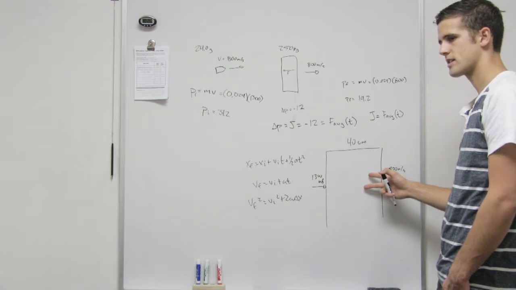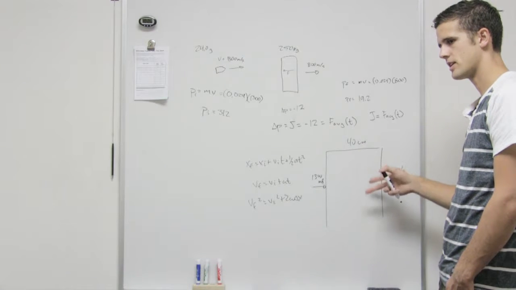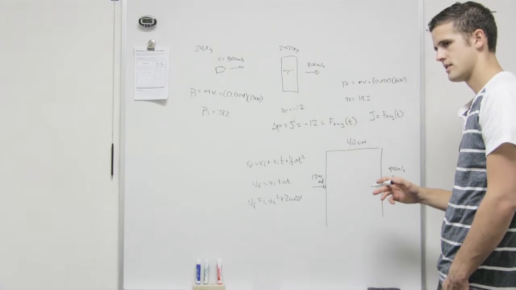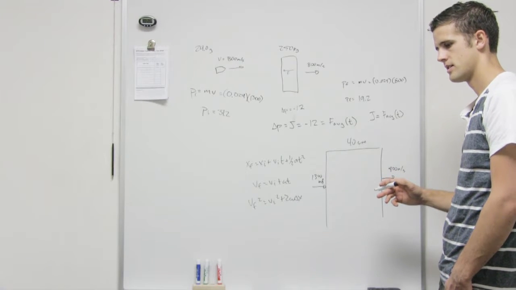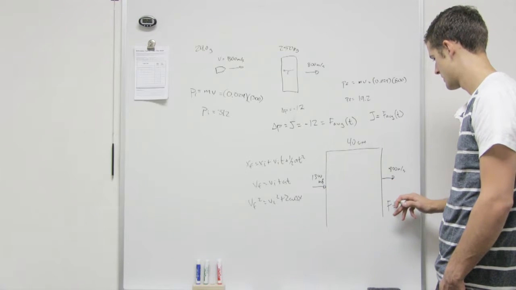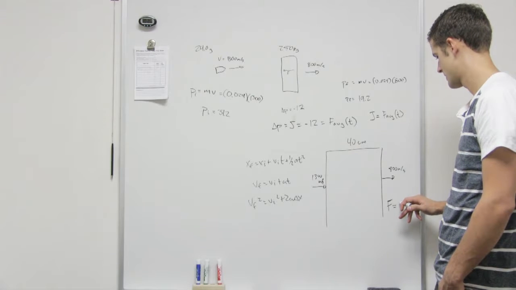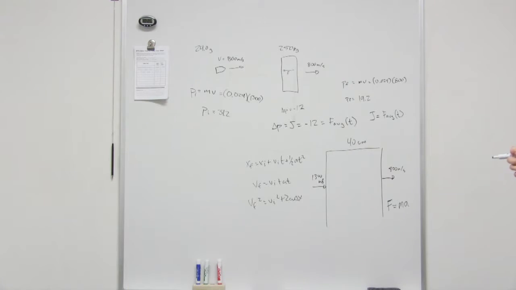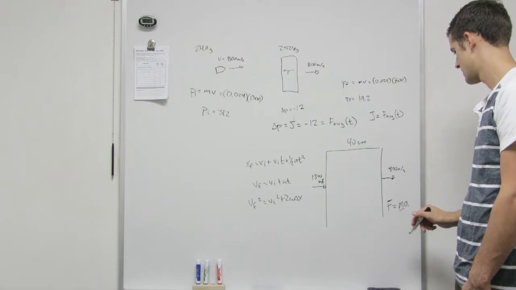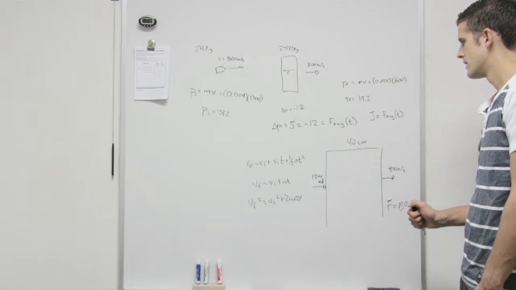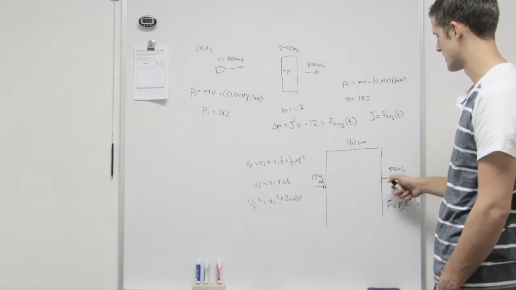As far as kinematics, how are kinematics and forces related? What do we always use for force? Yeah, force equals mass times acceleration. So we know our mass. If we found our acceleration, we could find our force. So what's our acceleration going to be here?